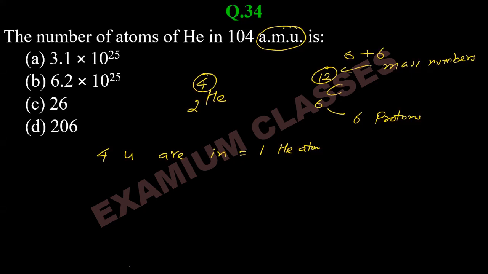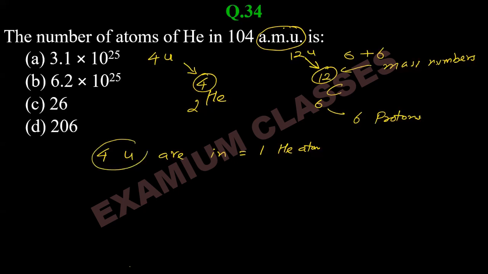So it means there are 12 units in one carbon atom, and you know that. That's why we say that 1 by 12th part of a carbon is 1 unit, AMU. By definition, you remember that. The definition of AMU is 1 by 12th part of one carbon 12 atom. It is because there are 12 units in one carbon atom, one unit will be 1 by 12th of it. Similarly, in helium atom, there are 4 units in one atom.